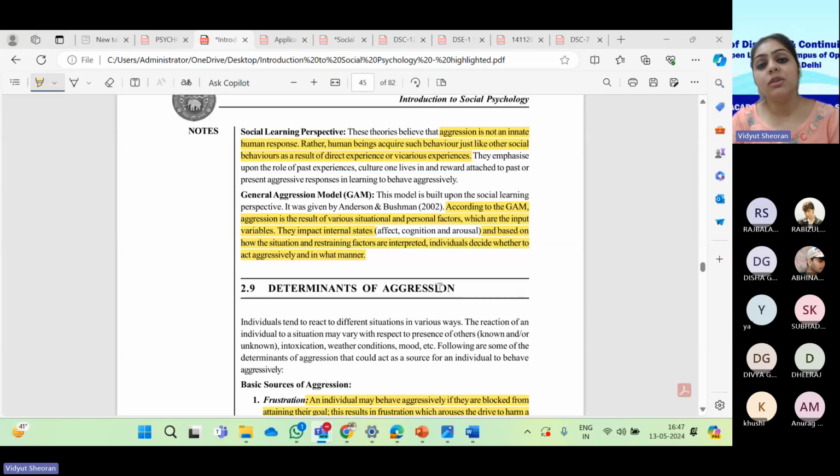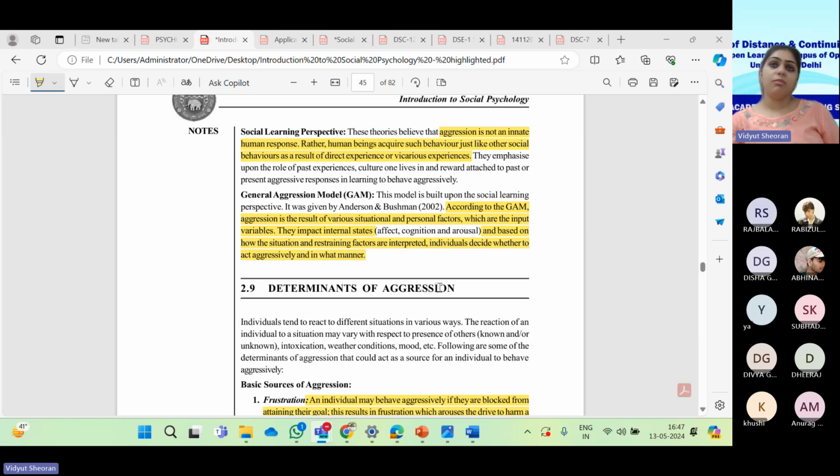So rather humans acquire such behavior just like other social behaviors as a result of direct experience or vicarious experience. They emphasize upon the role of past experiences, culture one lives in, and reward attached to the past. So suppose if we are seeing that yes, we are showing aggressive behavior and we are being appreciated for it, we are being rewarded for it.